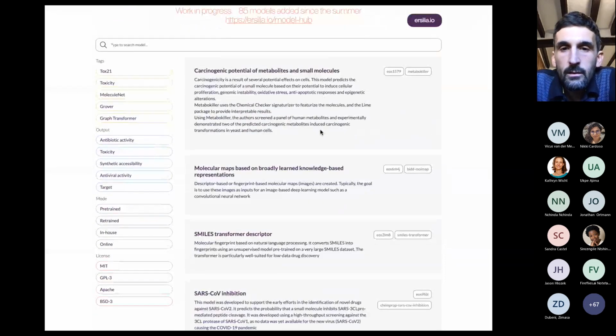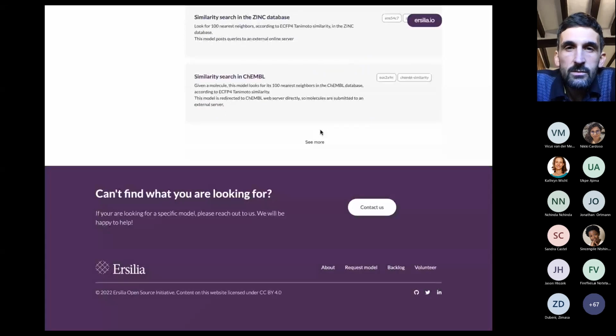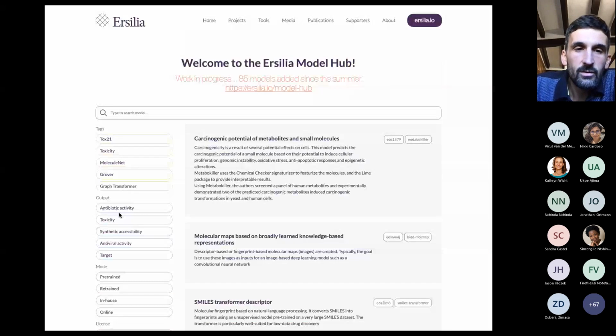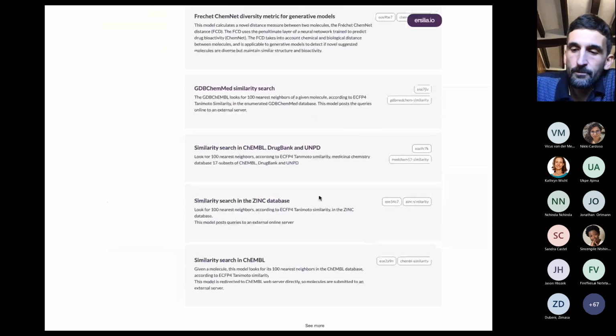We are aiming at over 100 models in the next few weeks. We are already at 95, I believe, at the moment. You can see here that we have models of different categories related to toxicity, antibiotic activity, synthetic accessibility, antiviral activity, etc. You can browse it, and if you click on one of them, you will find instructions on how to run them.